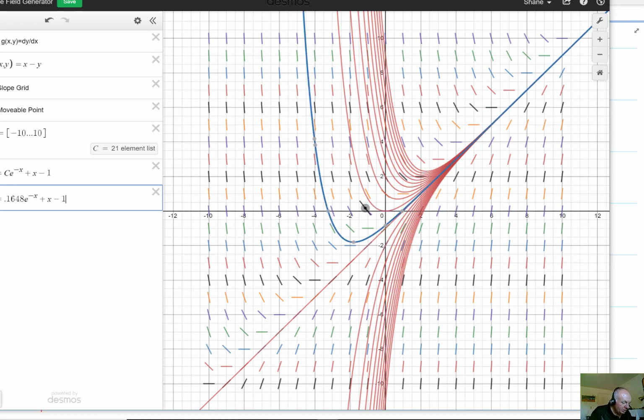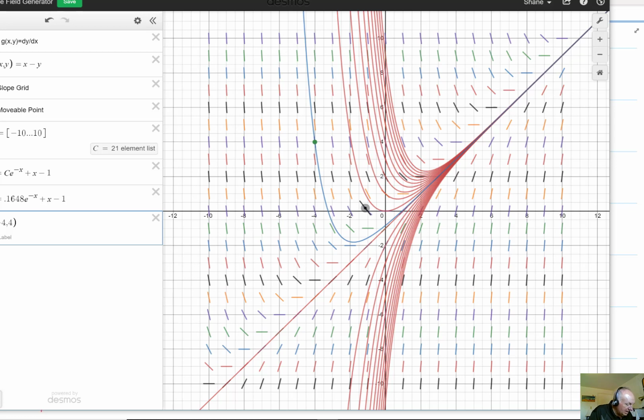And there it is, right? It fits through the pattern, it flows, but also notice it goes through the point minus 4, 4. I've graphed that. So we've identified one particular solution.